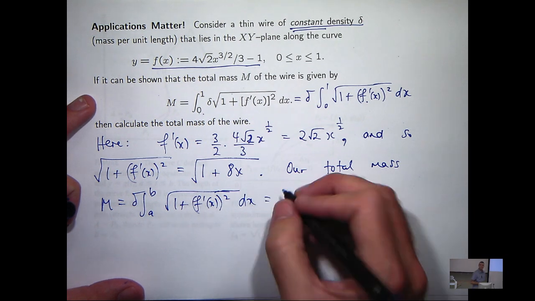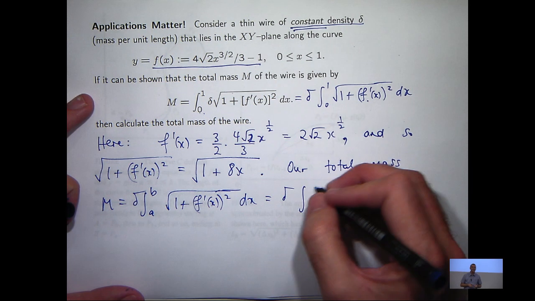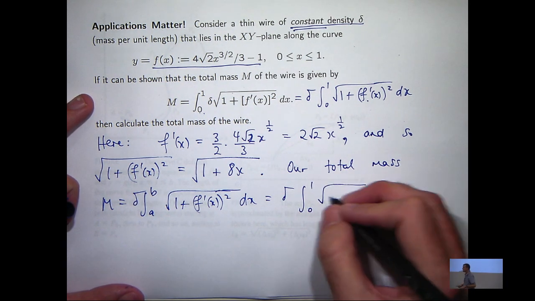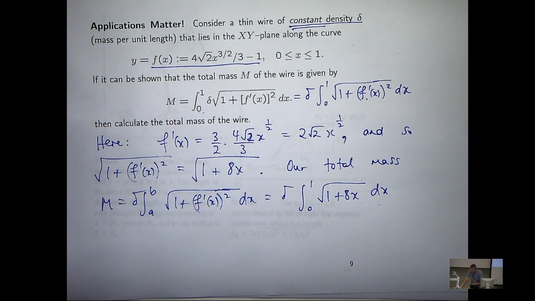All right, so we don't know what the density is, so our answer is going to be in terms of the density. So we're integrating something like root 1 plus 8x. Now this is a reasonable place to be in because we can integrate that straight away. The square root sign is going to go to 3 on 2, and we just have to adjust.